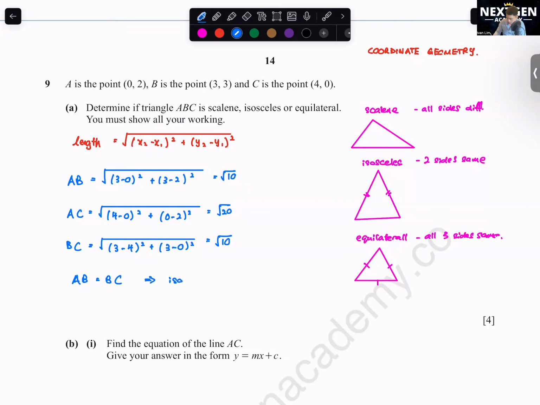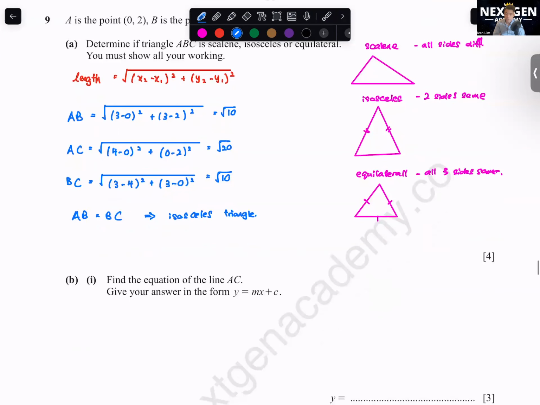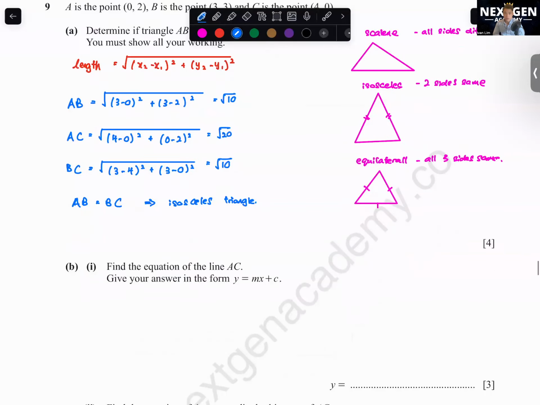Therefore, this is an isosceles triangle. Don't spell it wrongly. Isosceles, I-S-O-S-C-E-L-E-S. Triangle. Fun, this question? 4-mark question. So use length to calculate and to check for this triangle.